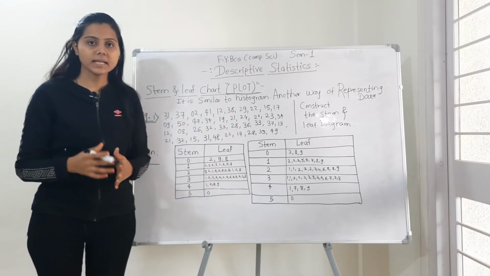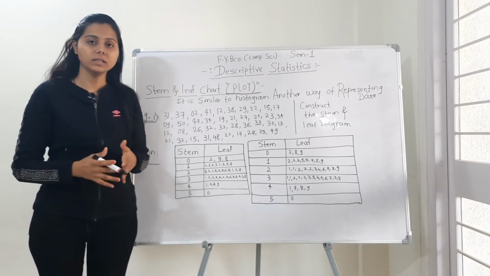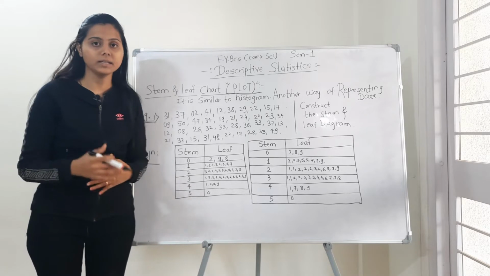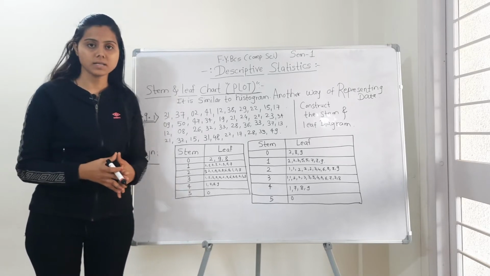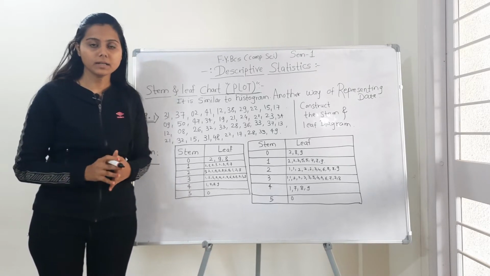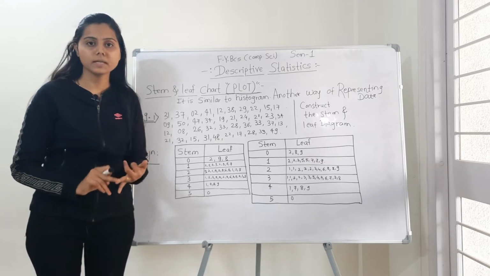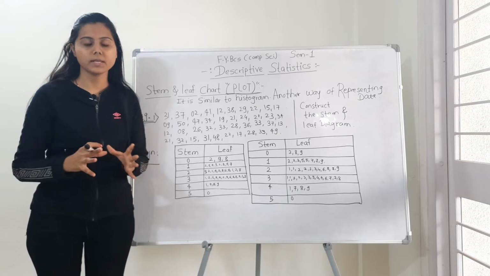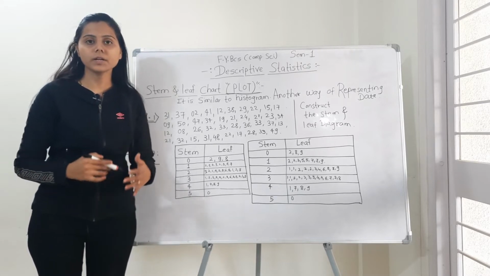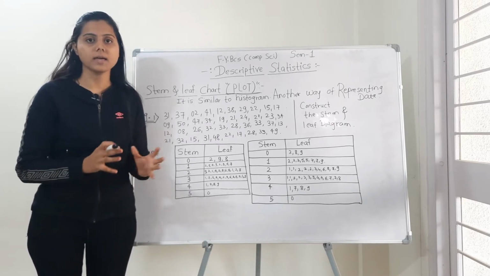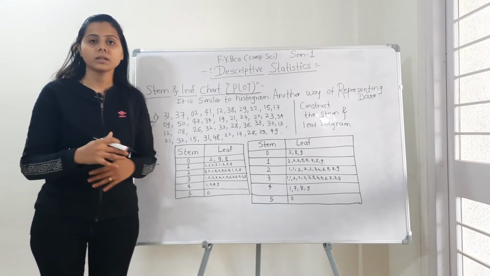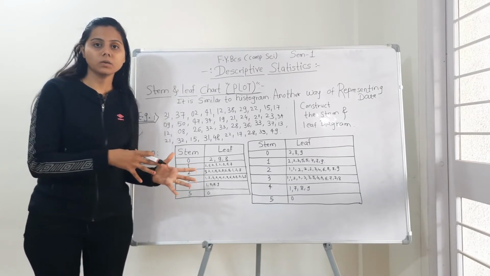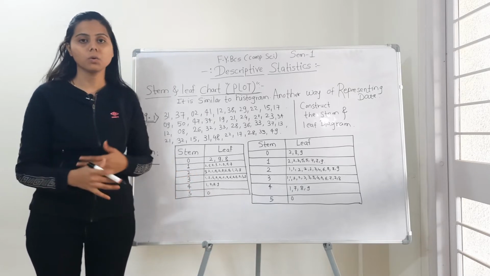In our previous lectures, we already learned different graphical methods for representing data. Those methods are the histogram, frequency polygon, frequency curve and cumulative frequency curve, which is also known as the Ogive curve. Again, there are two types of cumulative frequency curve, the less than Ogive curve and the more than Ogive curve.